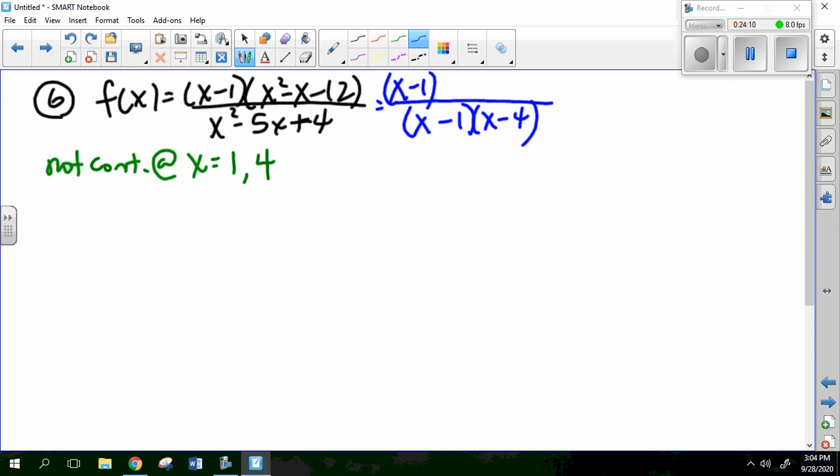Then I want to know if either one of them or both of them are removable, so I actually need to factor the numerator. You can pause it and factor it if you want to for practice. I want to see if anything crosses out. Well, since both of them cross out, both are removable.